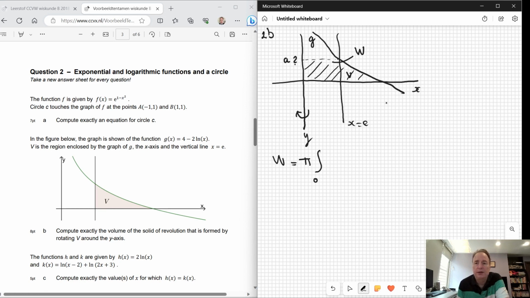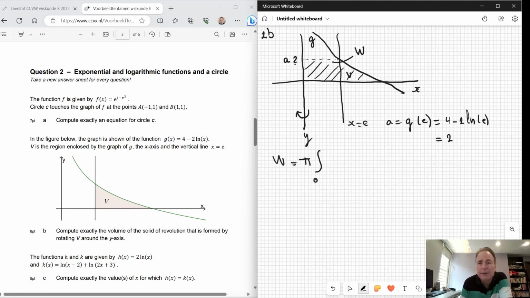So what is g? Basically, we need to know. So a is g of e, which is 4 minus 2 times log of e. Well, the log of e is 1, so that is 2.